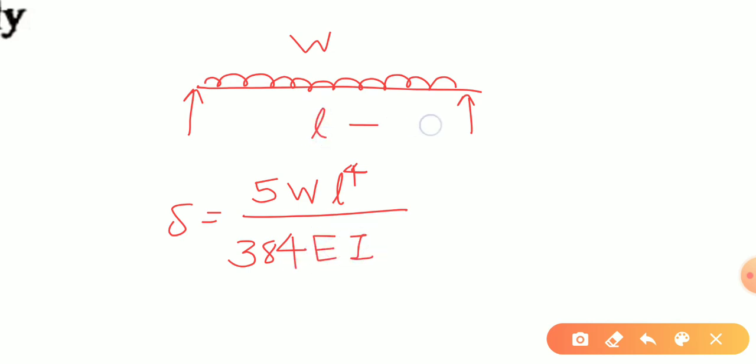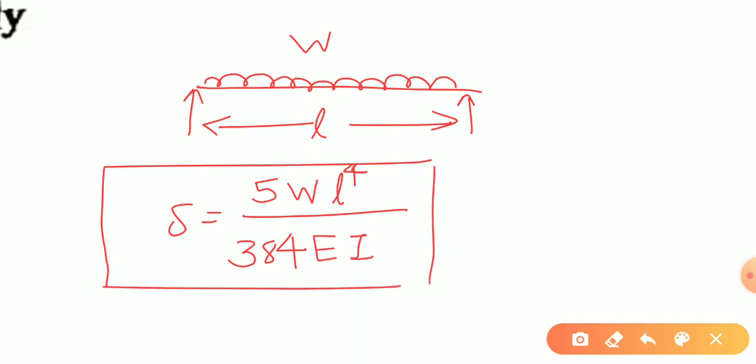Here L is the length. This is the equation for static deflection due to the uniformly distributed load, where I is the moment of inertia of the shaft, which is equal to pi by 64 d raised to 4. So these are the two methods for finding the critical speed for a shaft carrying multiple rotors.